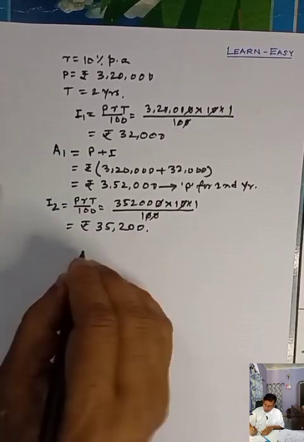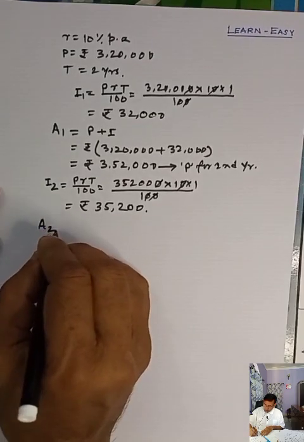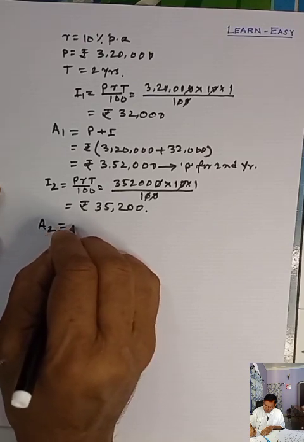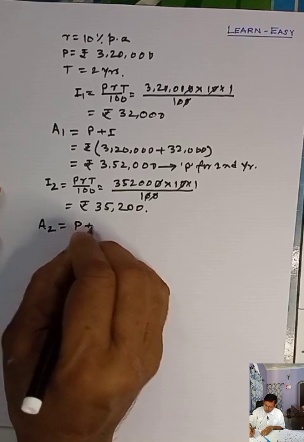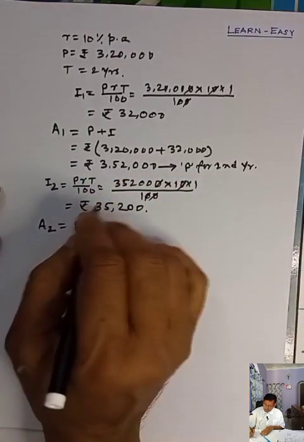Then what will be the amount after second year? The amount will be A2 is equal to principal plus I. Here principal is this amount and I is this amount.